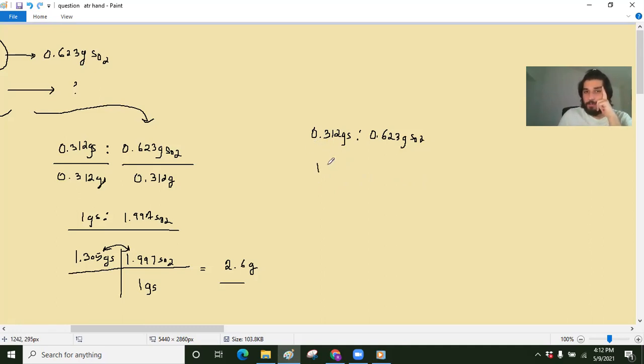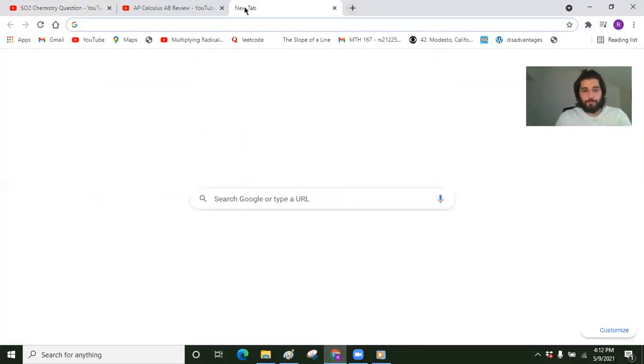I would divide both sides by 0.312 grams, and I would get 0.623 grams of sulfur dioxide divided over 0.312 grams of sulfur. And if you were to do that division problem, let's see. I guess I could do it in a calculator.